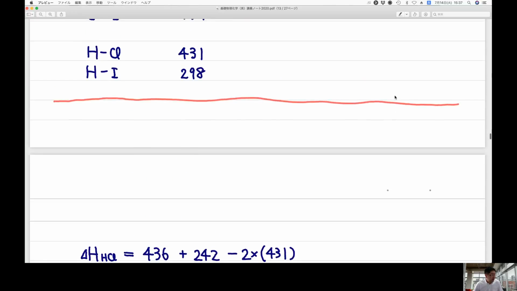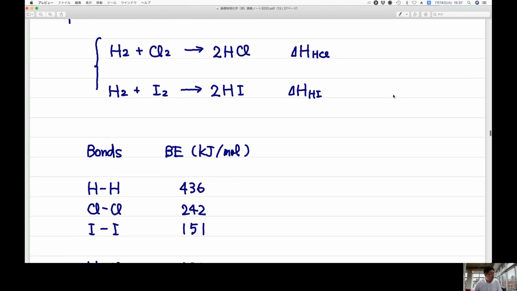The upper one, the formation of HCl, is a large exothermic reaction, so maybe this reaction proceeds very smoothly. On the other hand, the lower one is not so favorable.